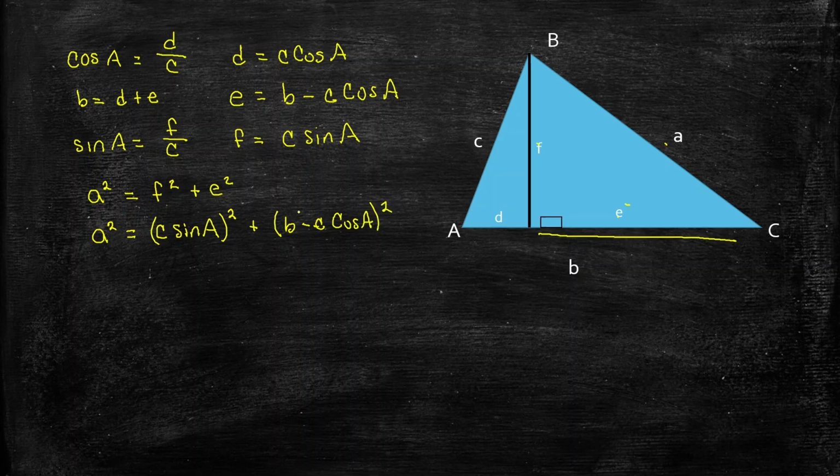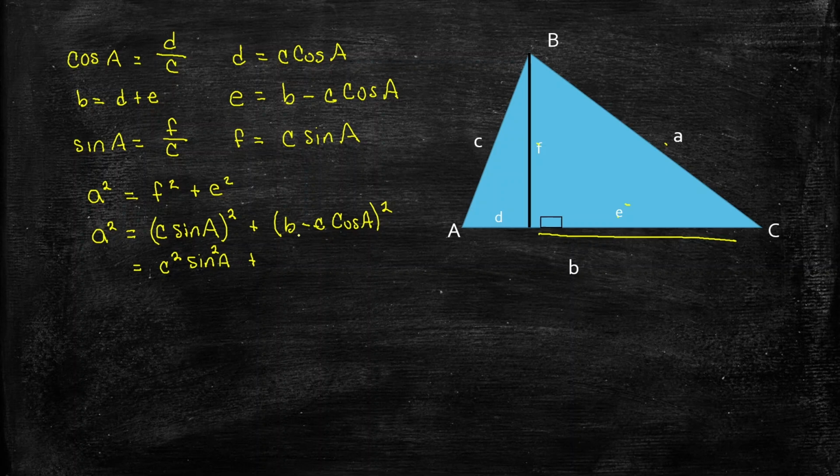So now we get fancy with the math, right? I'm going to go ahead and distribute this square. So this is c squared sine squared A, plus, and now I FOIL this, right? This is b minus c cosine A, and the whole thing is squared.